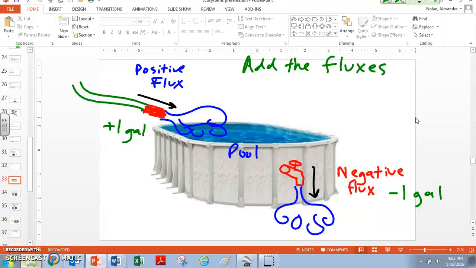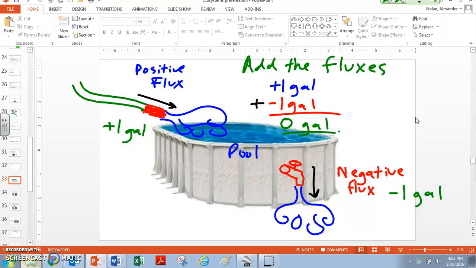Both of them. So I would add my plus 1 gallon and my negative 1 gallon. Always add them. And what I'm going to end up with is 0 gallons.